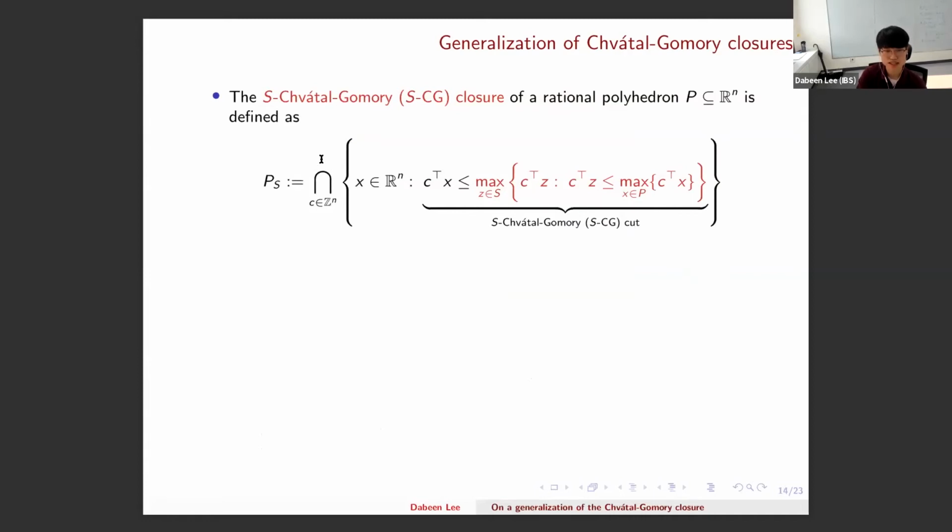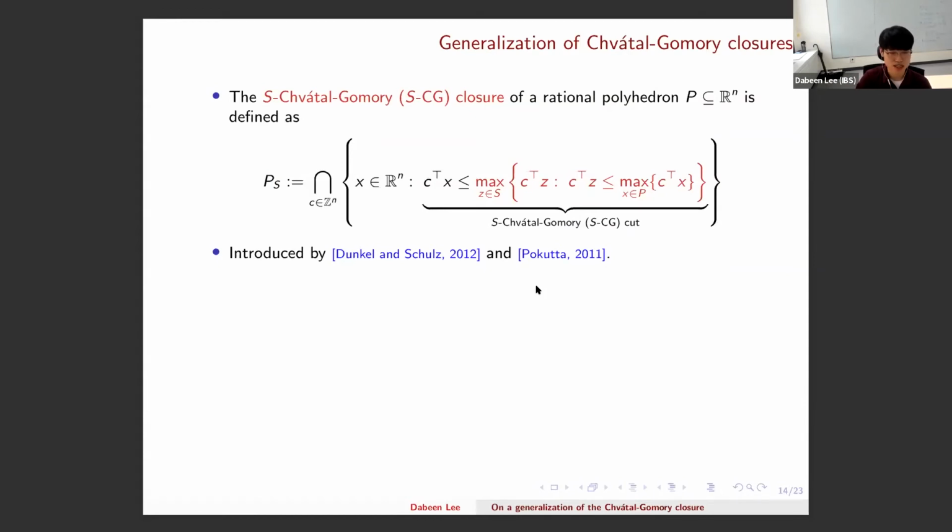Remember that the CG closure is obtained by adding all possible CG cuts. We can do the same thing here. We just apply all possible S-CG cuts, and then we obtain a closure P subscript S. This idea was introduced by Dunkel and Schultz and Fukasawa about 10 years ago.